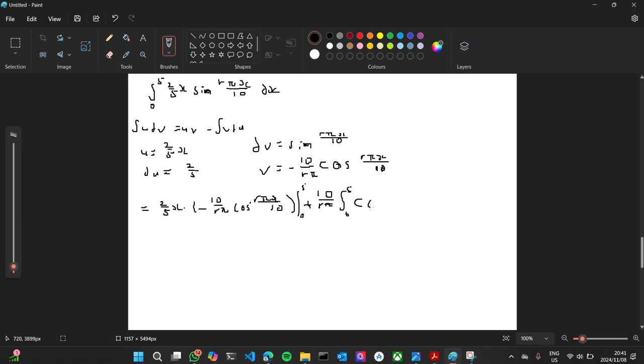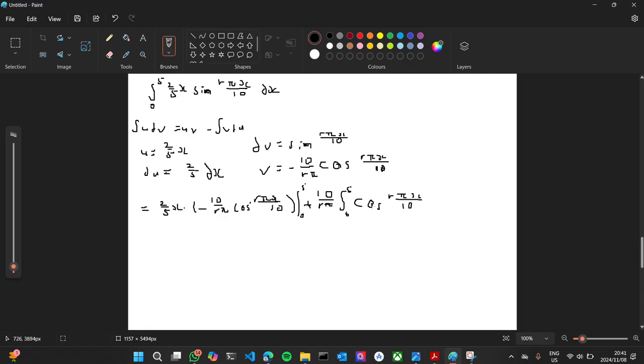Here we've got cosine of pi x over 10, multiplied by du, which is, oh snap, this is in terms of dx. You should always have your d of whatever variable you're differentiating in terms of.